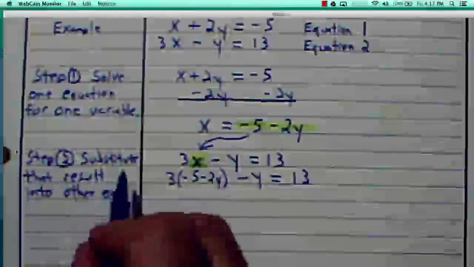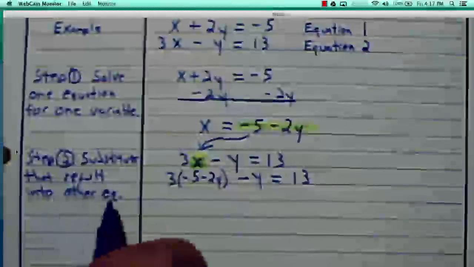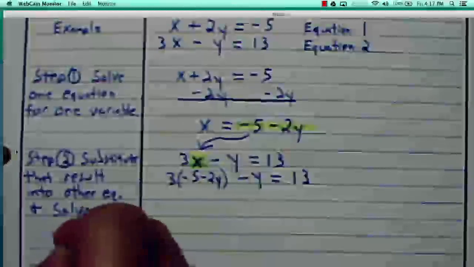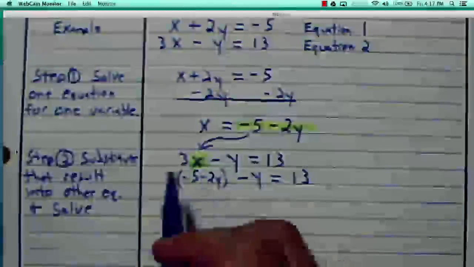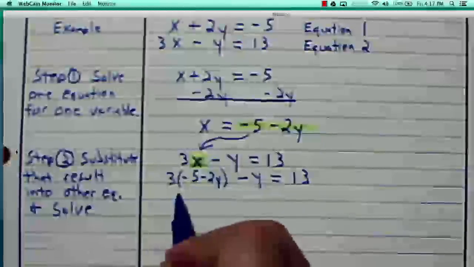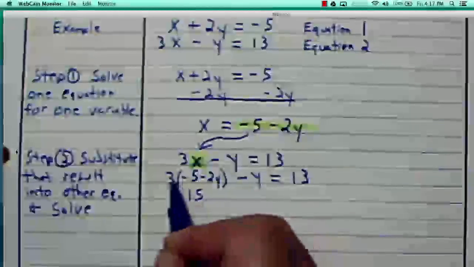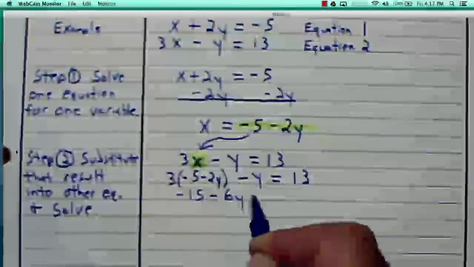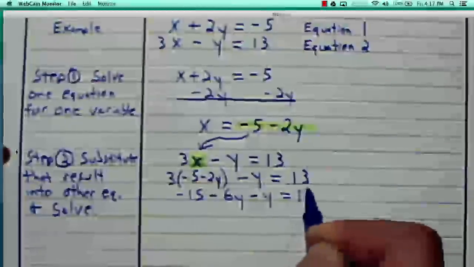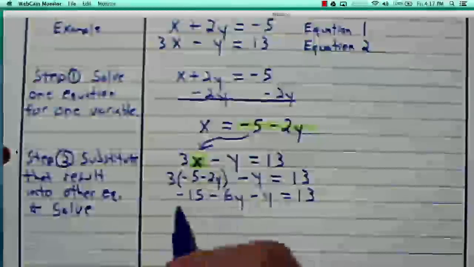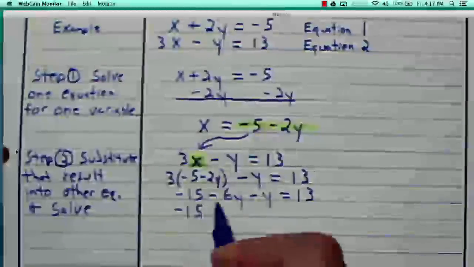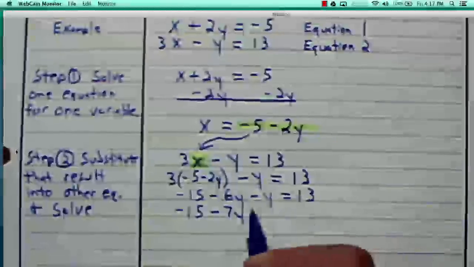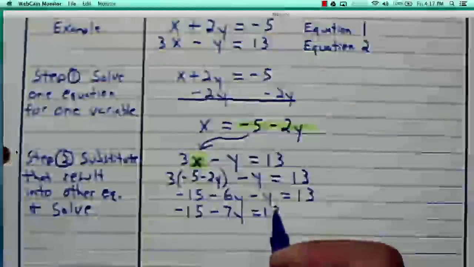Now I'm going to solve. So substitute that result into the other equation and solve. Alright, I'm going to solve for y. Distributing my 3 leaves -15. 3 times minus 2y will be a minus 6y. Subtract y equals 13. Combining like terms, negative 6 minus 1y will be a minus 7y, so negative 15 minus 7y equals 13.